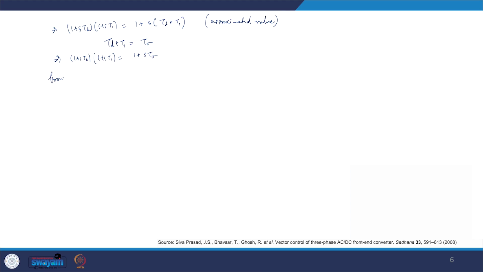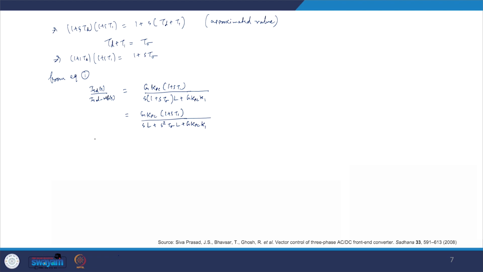Now from equation number 1, we can write Id(s) divided by Id reference(s) to be equal to G Kpc, 1 plus ST1 divided by S, 1 plus ST sigma, L plus G Kpc K1. When we rearrange this one, we get G Kpc, 1 plus ST1 divided by SL plus S square T sigma L plus G Kpc K1.